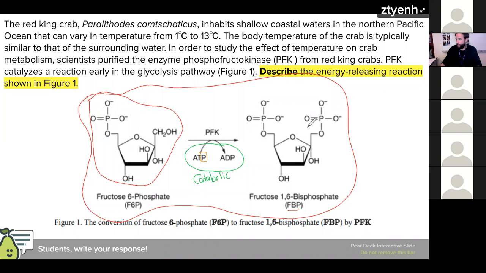Then that high energy phosphate group has been transferred to fructose 6-phosphate to synthesize a molecule of fructose 1,6-bisphosphate, okay? So the energy that was part of ATP has been transferred, at least partially, through phosphate group transfer to fructose 6-phosphate to make a molecule which now has more chemical potential energy, fructose 1,6-bisphosphate, FBP for short, right, as a product of the reaction.